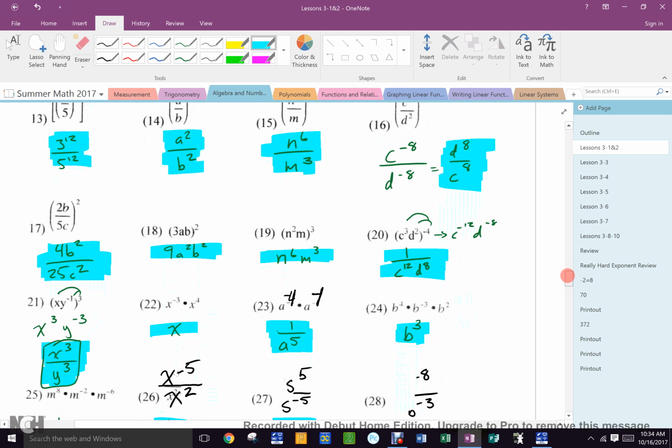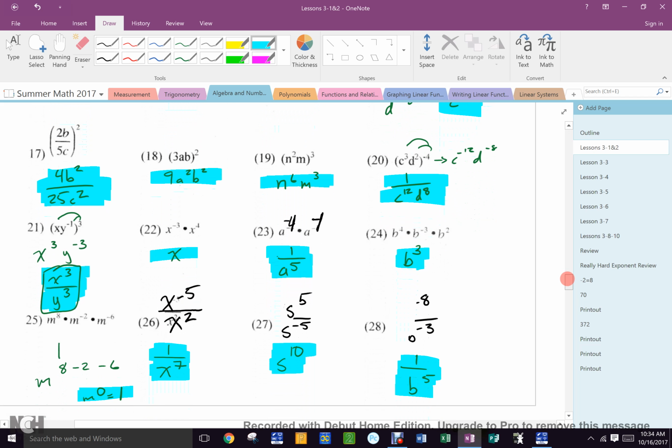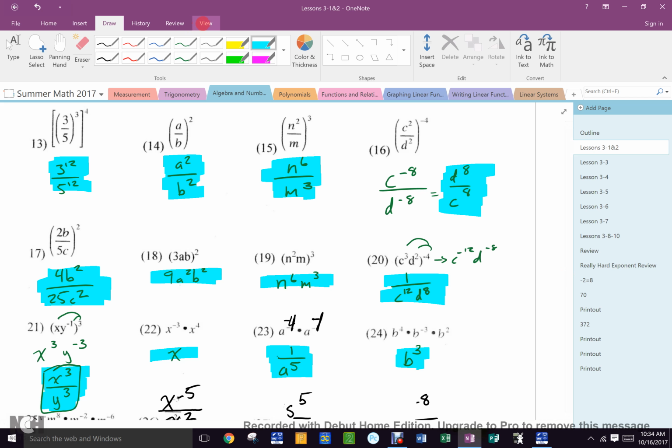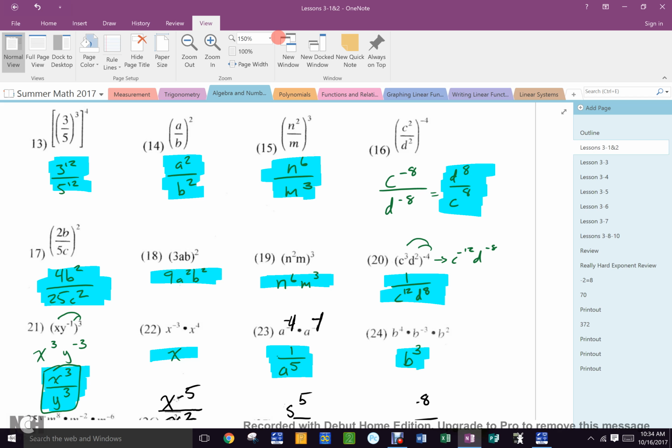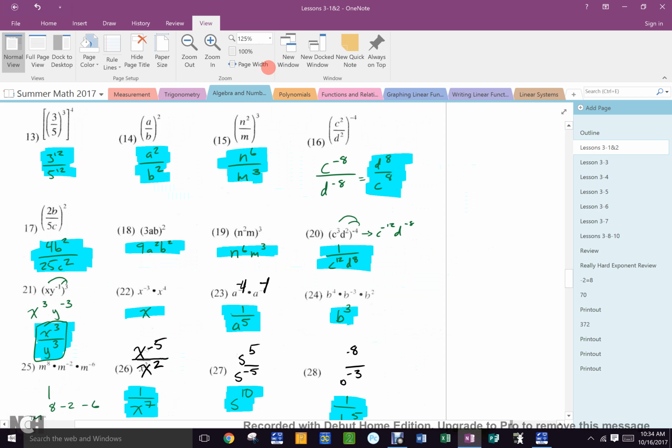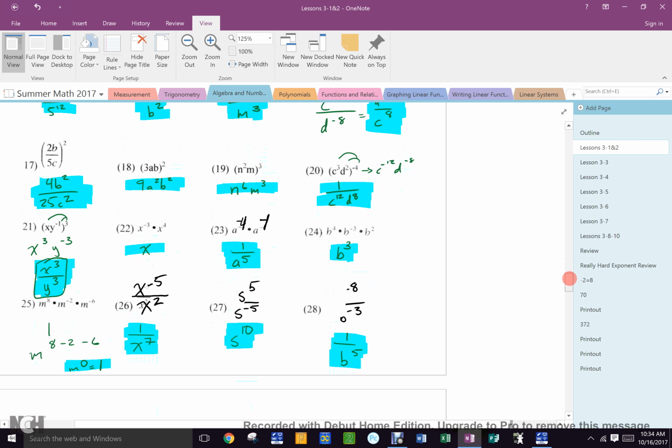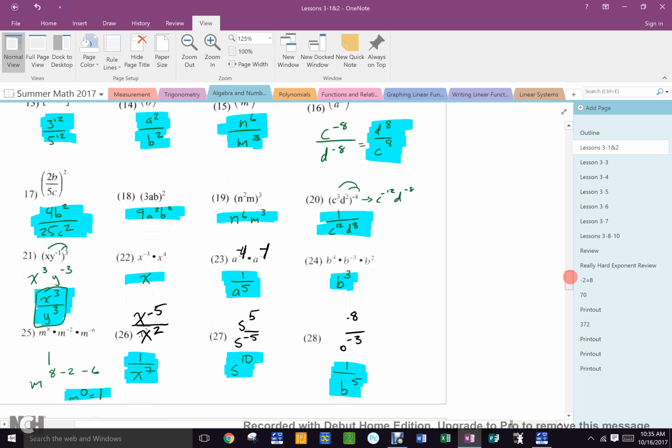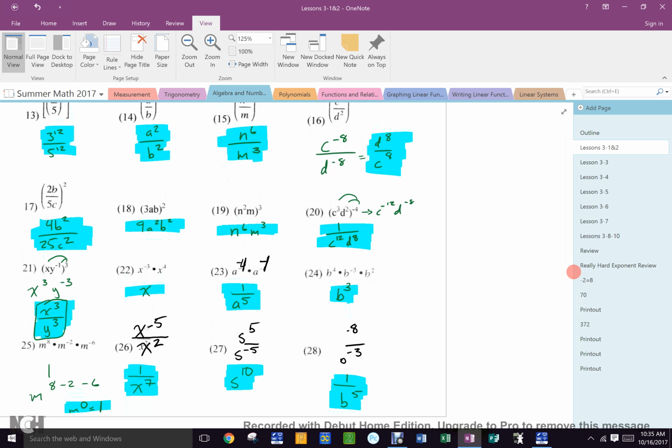There is 13. I can't quite get them on the page at that size. I'm going to drop it down to a little bit smaller. There is 13 to 28.